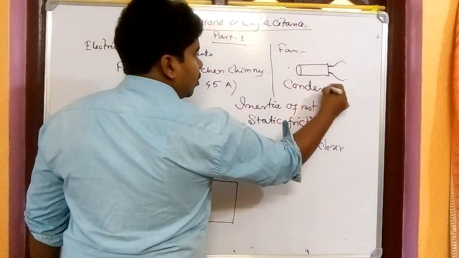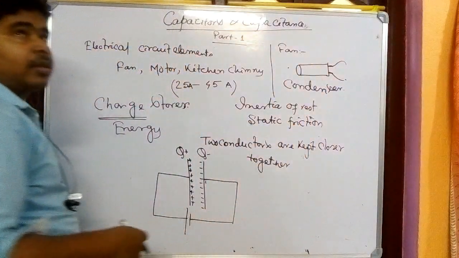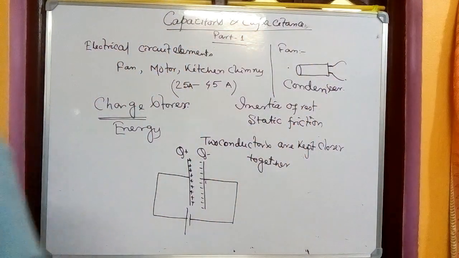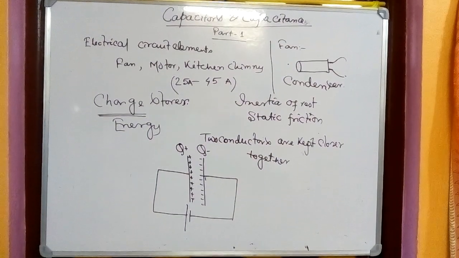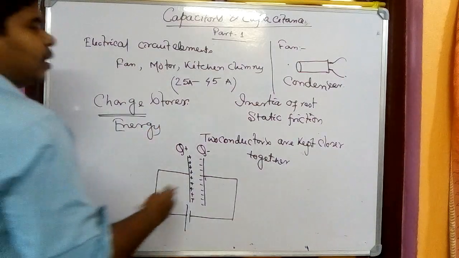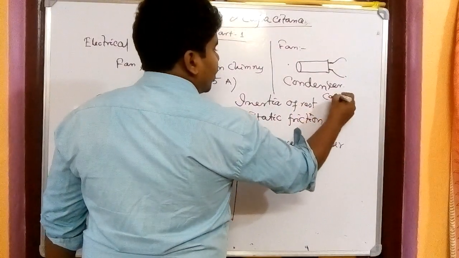Many a time, mainly in summer, when the fan works for a long time, the speed of the fan decreases, and the mechanic comes and tells us that we have to change the condenser. What is this condenser? This condenser is nothing but the capacitor.